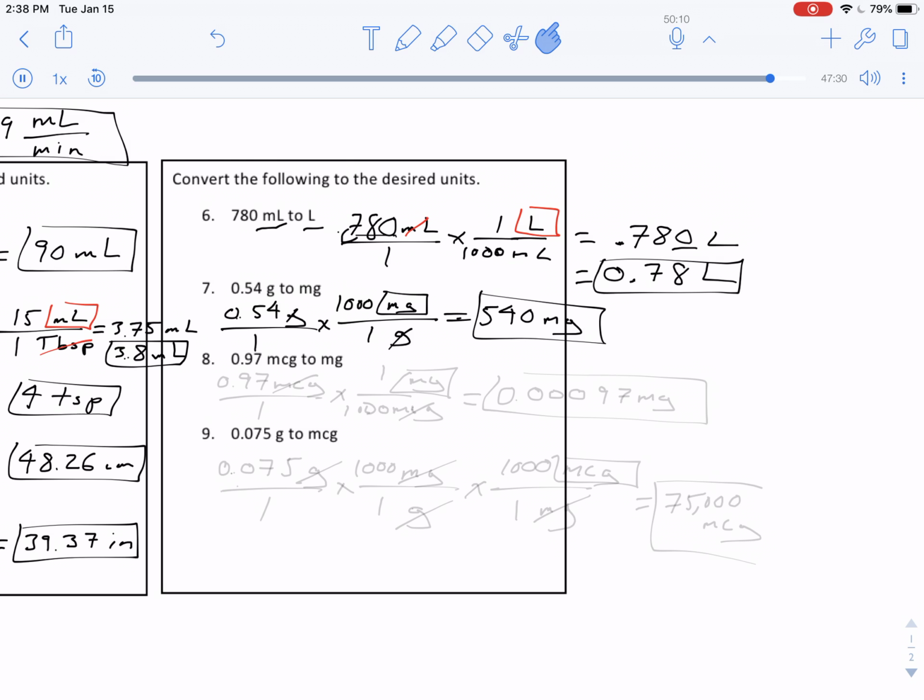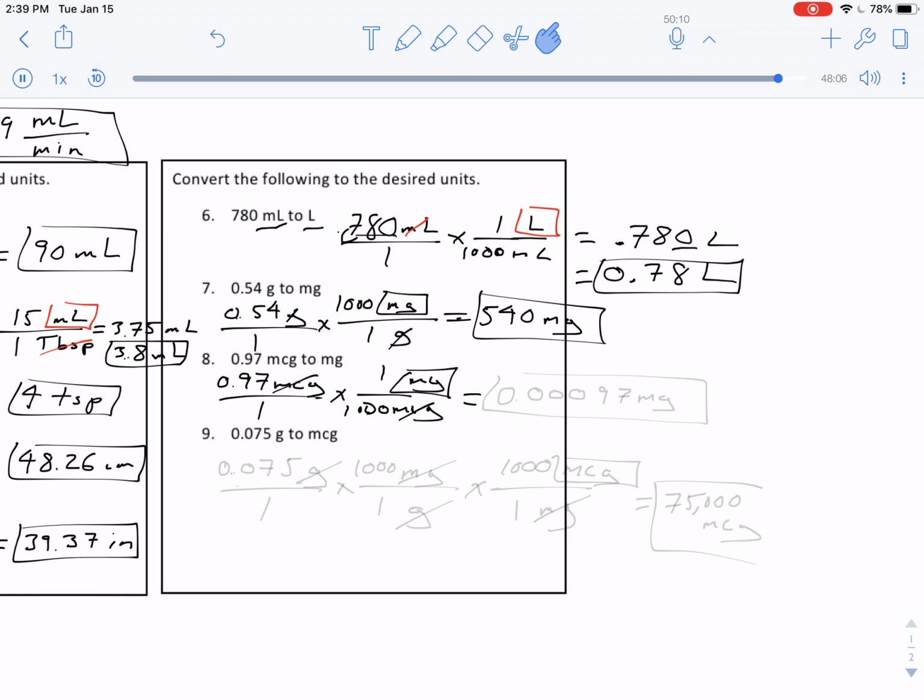All right, so doing the next one, micrograms to milligrams. So I got 0.97 micrograms. I want to convert it per 1 to milligrams. So I'm going to cancel out the micrograms with the milligrams. I have 1 milligram and 1,000 micrograms. Things will cancel, and I'll be left with milligrams, which is what I want in the top, not the bottom.